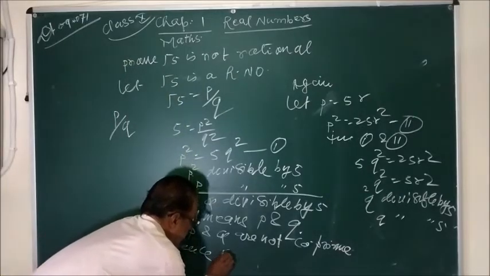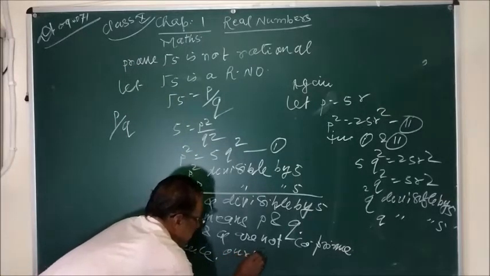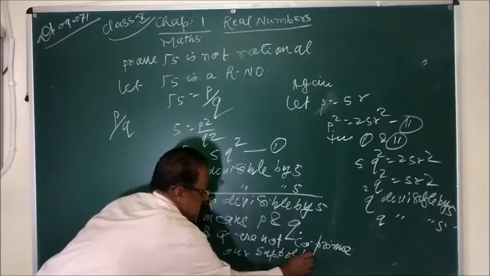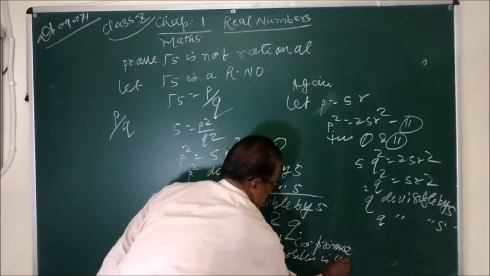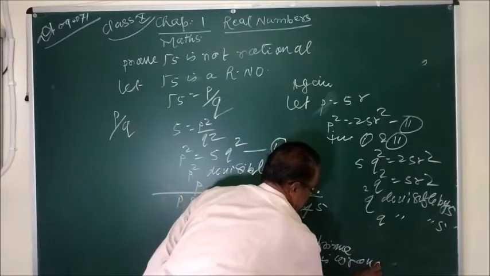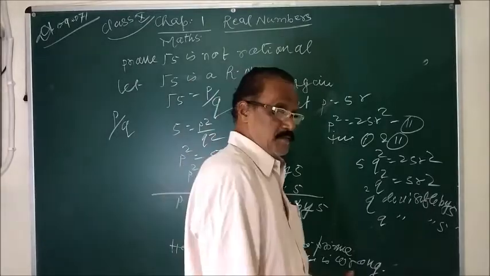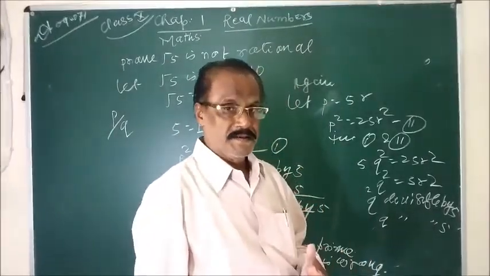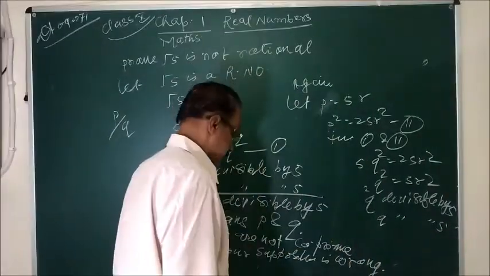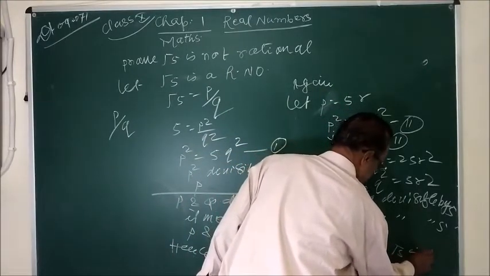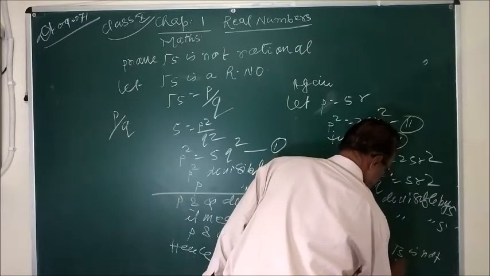Hence, our supposition is wrong, and this is the contradiction, because we have supposed incorrectly that it is rational. Hence, root 5 is irrational, or not a rational number.